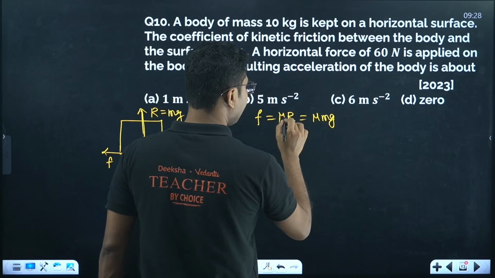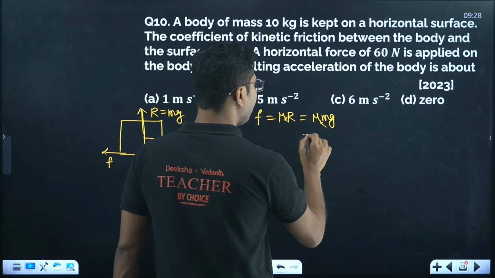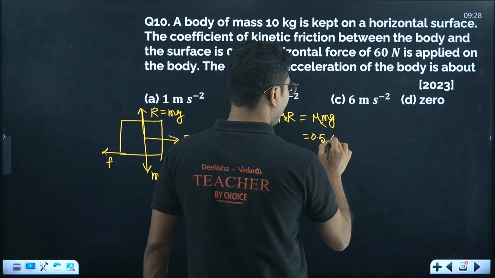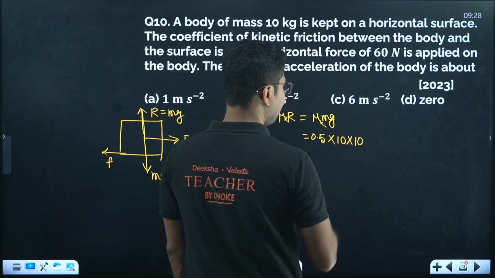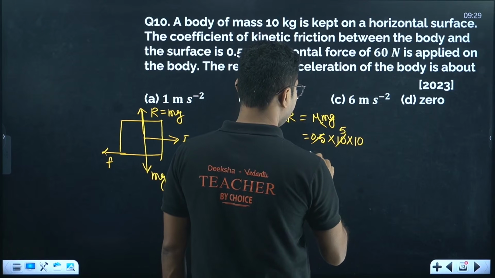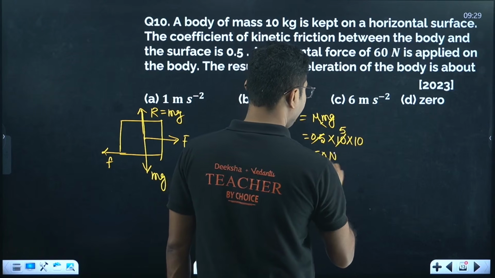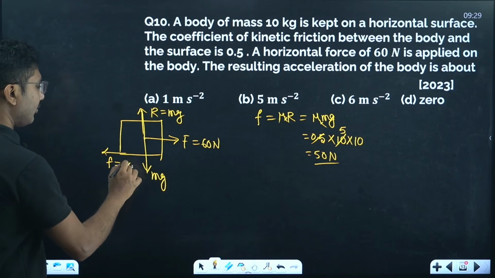Here it is kinetic friction, so let me write mu k. What is mu k? Mu k is 0.5. What is the mass? Mass is 10 kg, and g we are taking as 10 as well. So we will get 50 Newton. So the frictional force is 50 Newton.